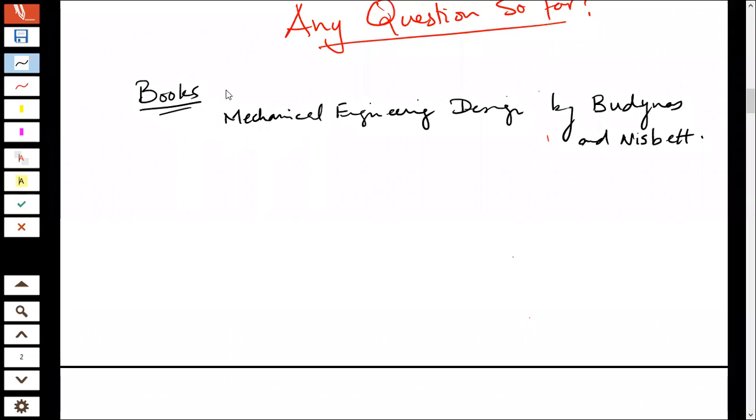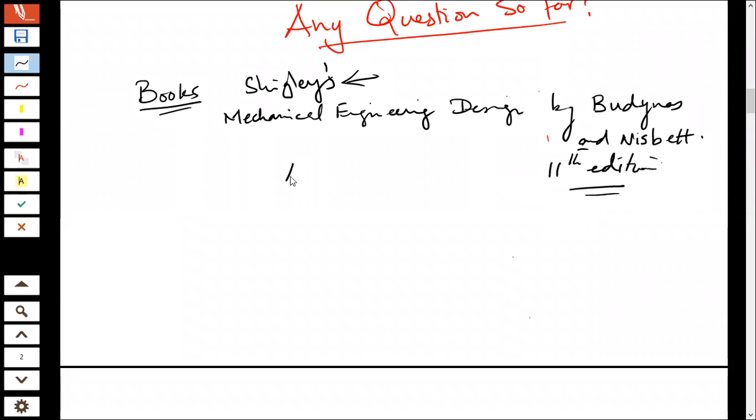This is basically Shigley's Mechanical Engineering Design. It was written by Shigley first, but now the latest edition available is the 11th edition.